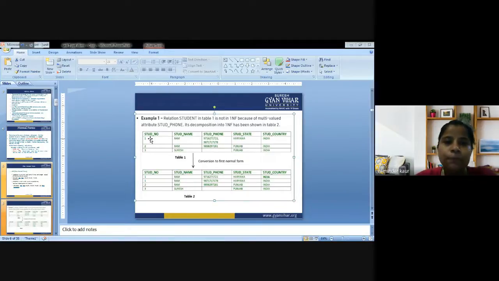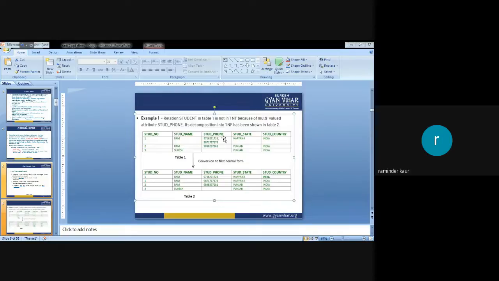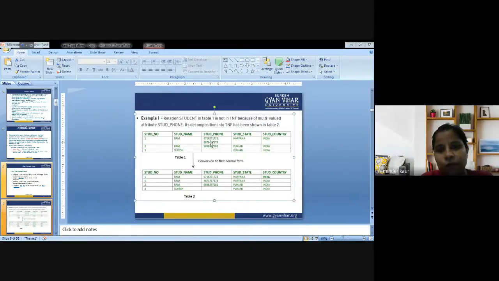Now here you can have a look at the student number 123, student name Ram Suresh. There could be students who are having the same name, but their number is different. Now student phone number. Here it is representing two phone numbers.